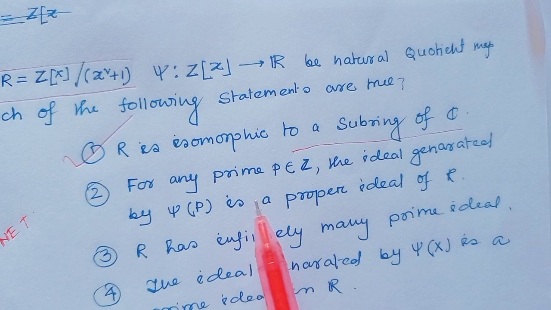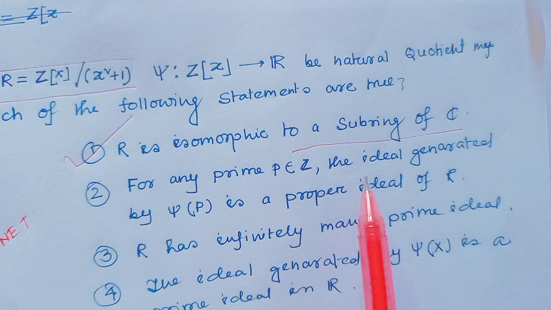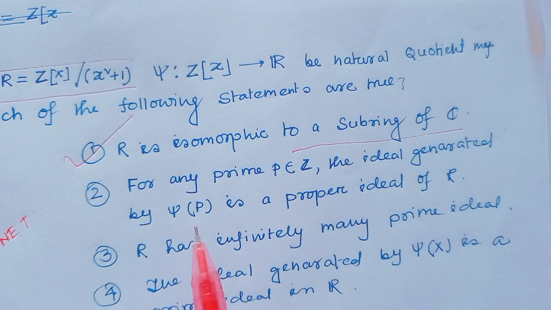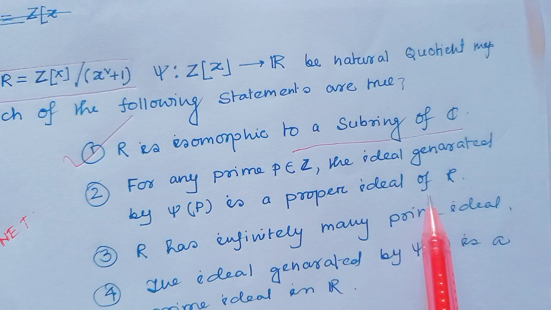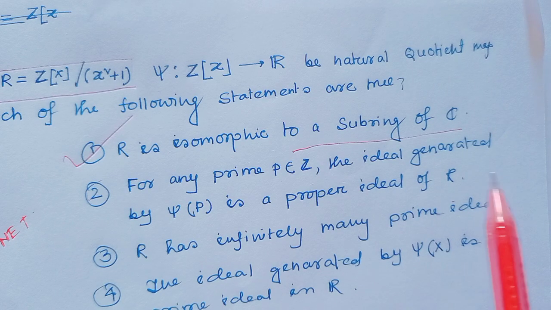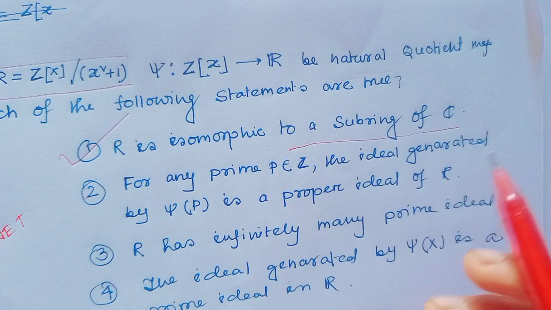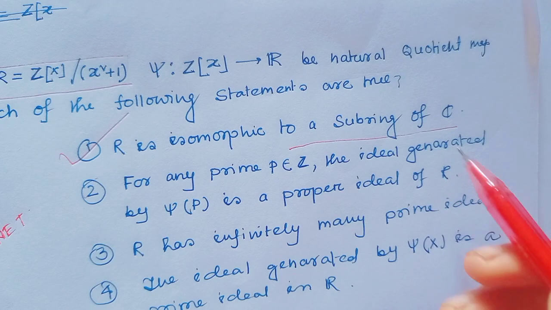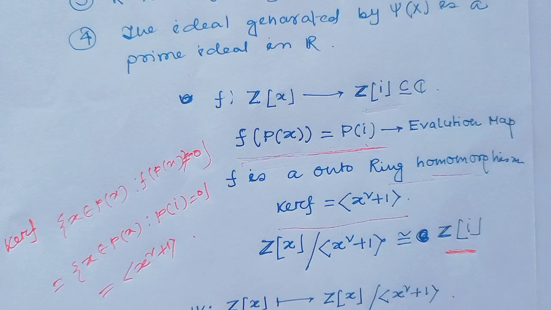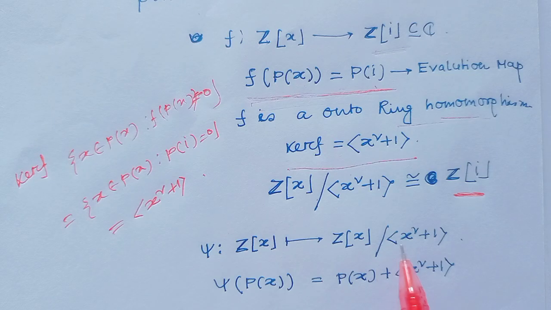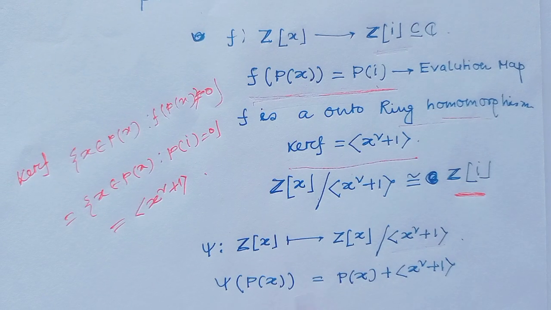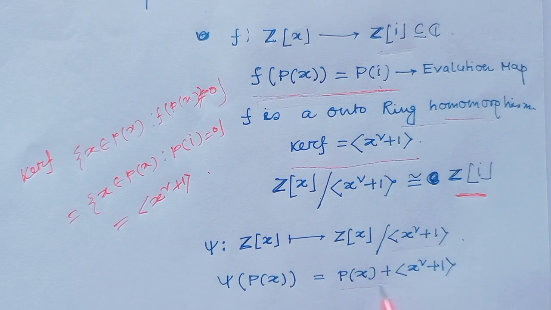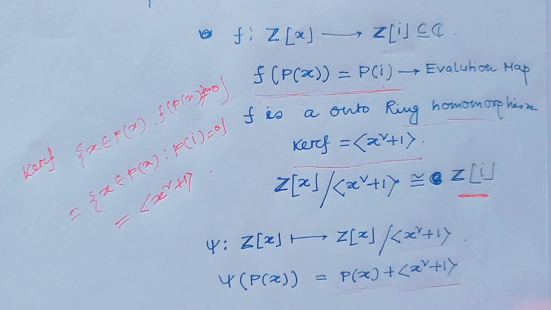Second option: notice for any prime p belonging to Z, the ideal generated by psi(p) is a proper ideal. This is the natural map. If psi is denoted from Z[x] to Z[x] modulo the ideal generated by x square plus 1, then psi(p(x)) equals p(x) plus the ideal generated by x square plus 1.